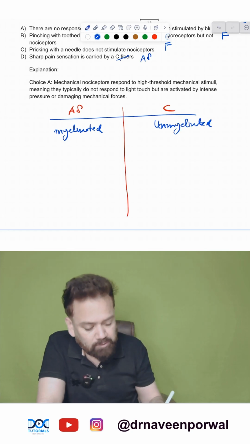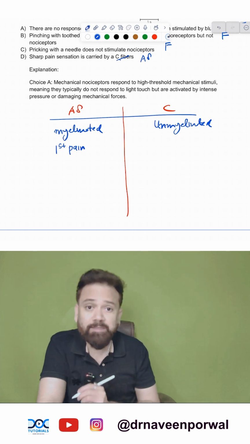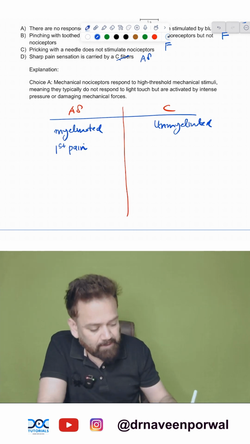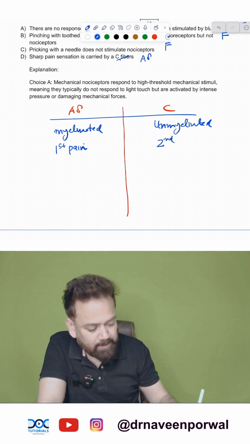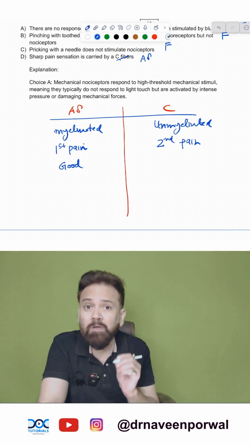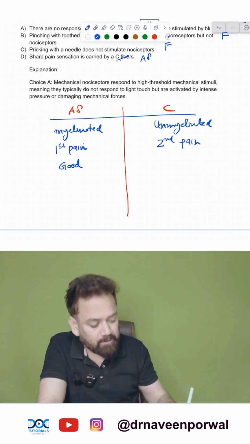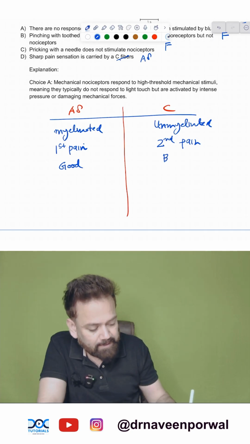A delta is usually for first pain. Initially it was called fast pain, but now it is called first pain, and C fiber is carrying second pain. First pain is called good pain because it tells you the intensity of the damage and the location of the damage. C is carrying the bad pain.